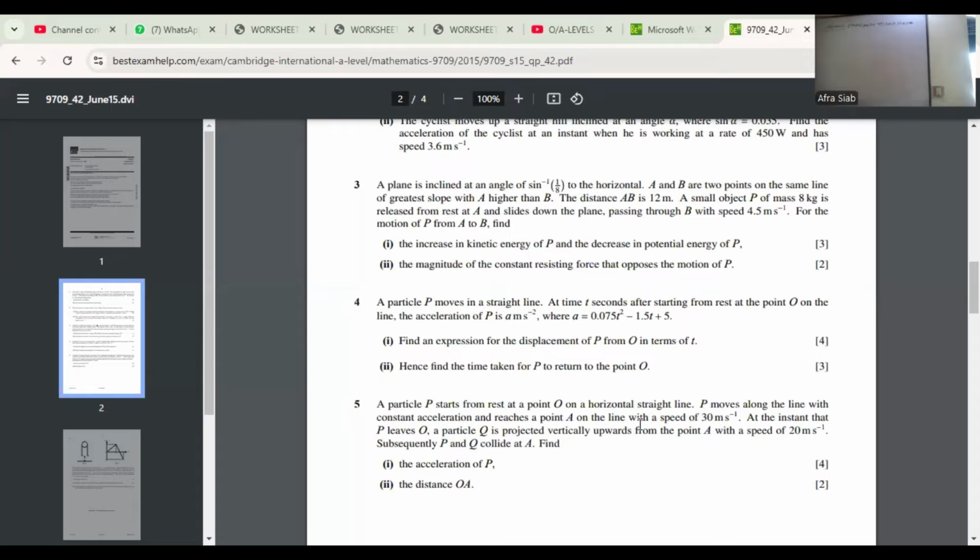At that instant, P leaves O, and a particle Q is projected vertically upward from the point A with a speed of 20 meters per second. Subsequently, P and Q collide at the point A. Find the constant acceleration of the particle P and the distance OA.